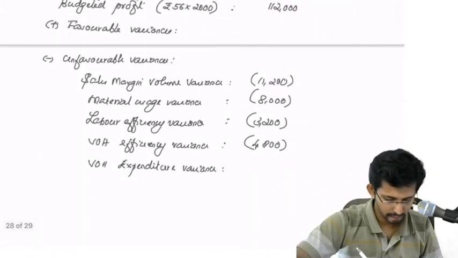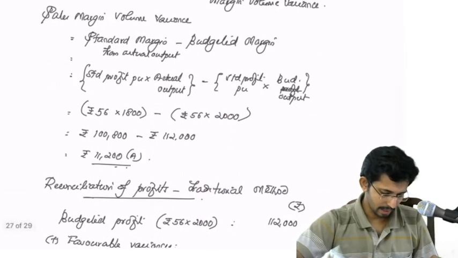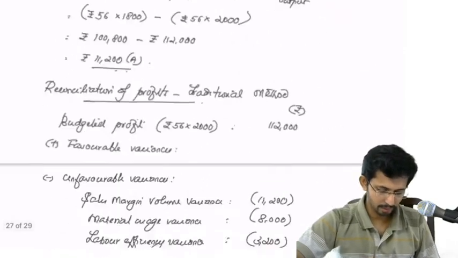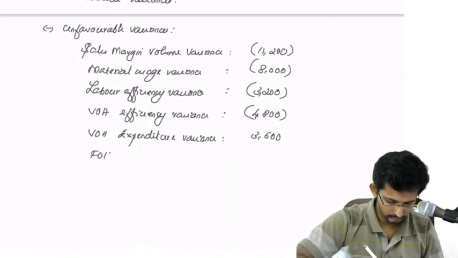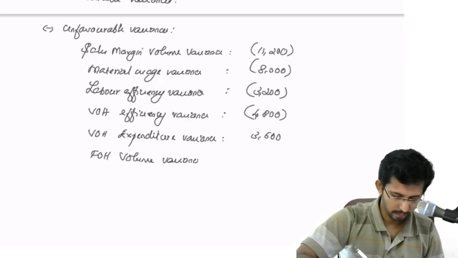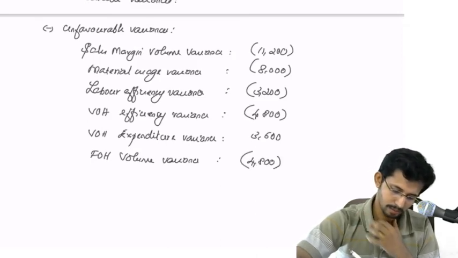So add 3,600 positive. Now fixed overhead volume variance 4,800 adverse.